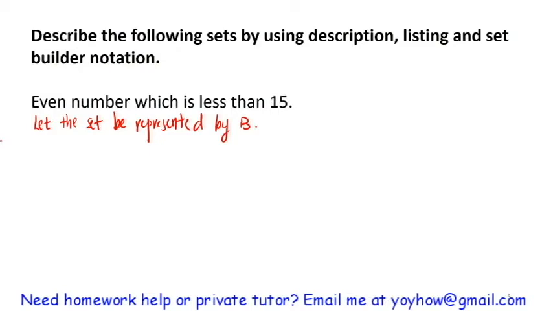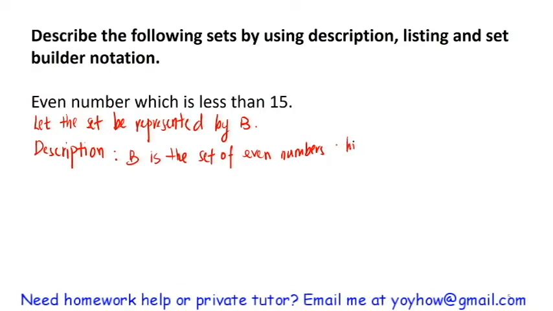So the descriptions are always very long, with a sentence. B is the set of even numbers which are less than 15.